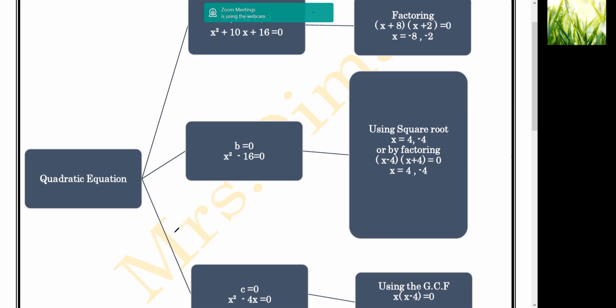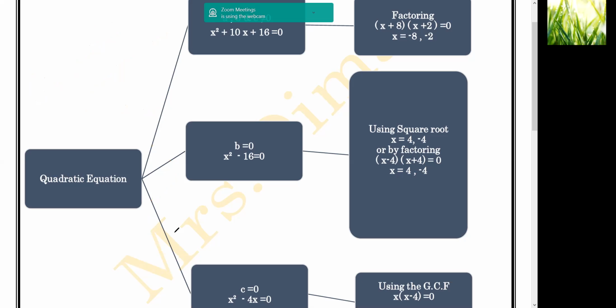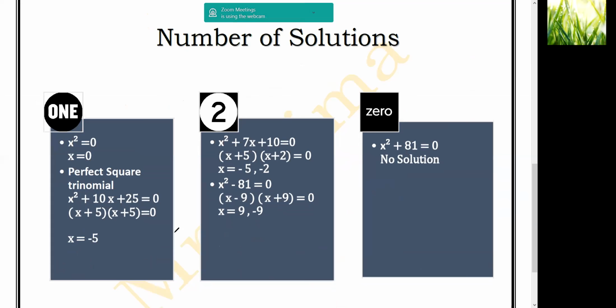So all of them can be solved by the quadratic formula. Is it clear? Yes, teacher.